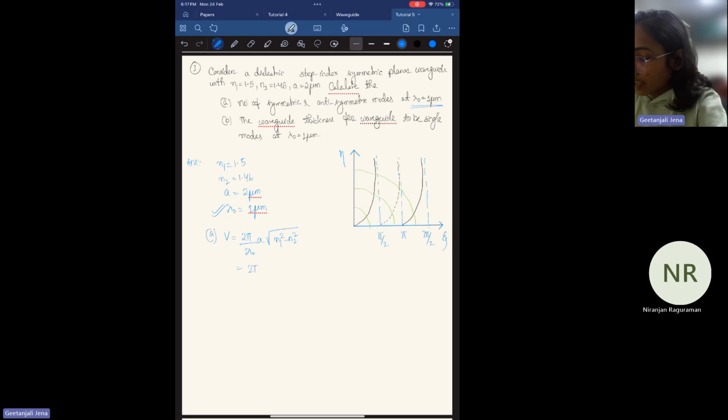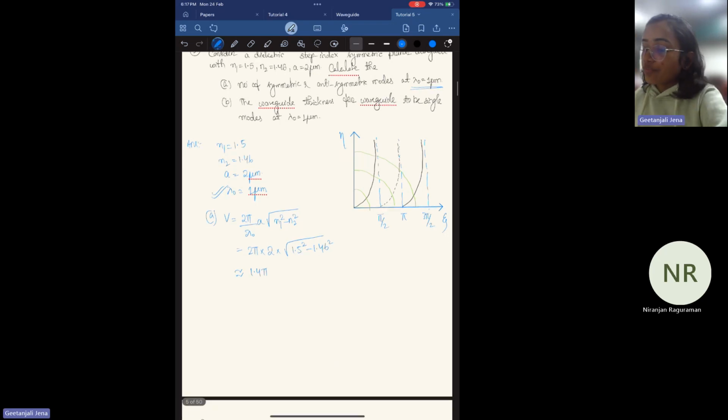All the parameters are given: a is 2 micrometer, n1 is 1.5 squared, n2 is 1.46 squared. And if you calculate it, it will come around 1.4 pi.